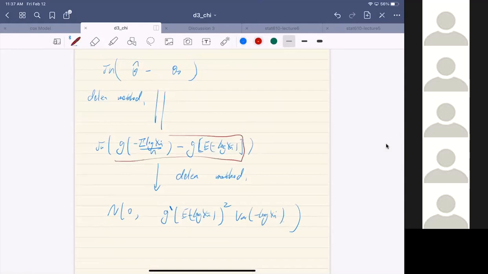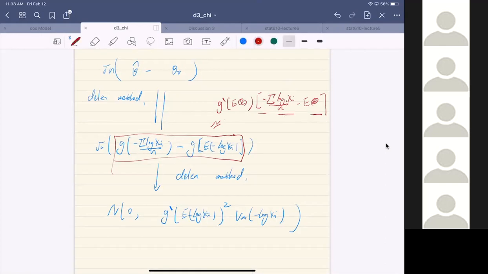So this is equal to, you can use the mean value theorem, g prime of the expectation of this, and multiply by the summation, the difference of value. And this one converged to a normal distribution.